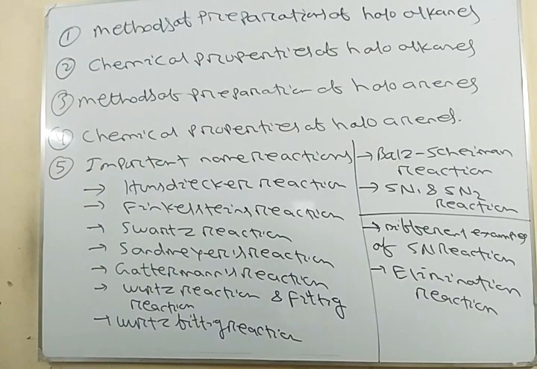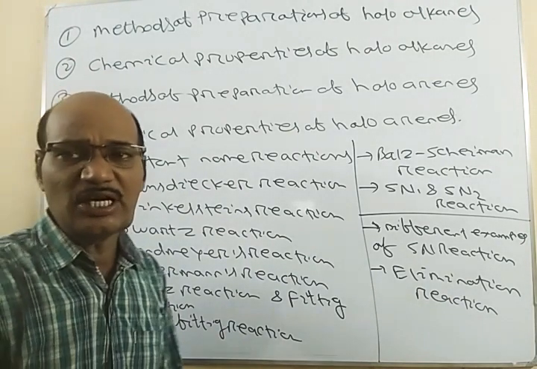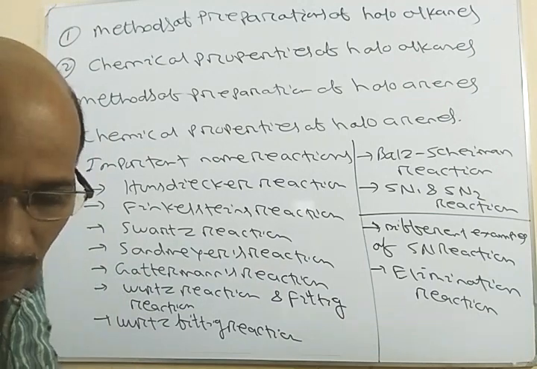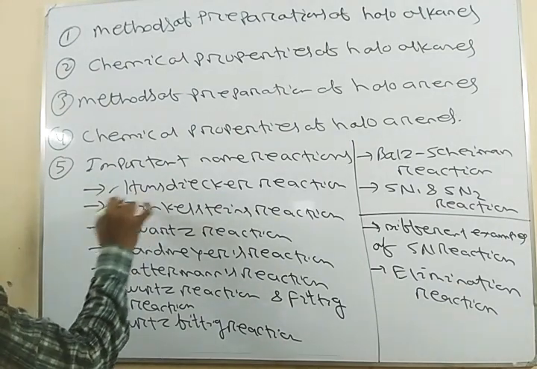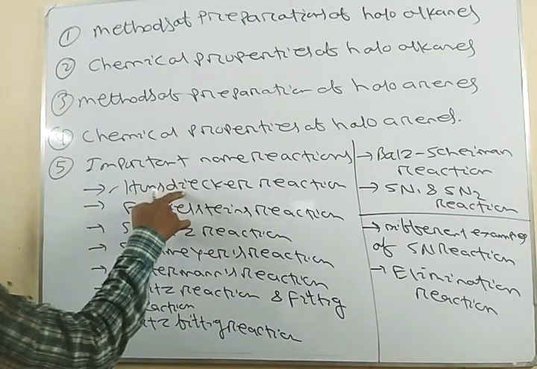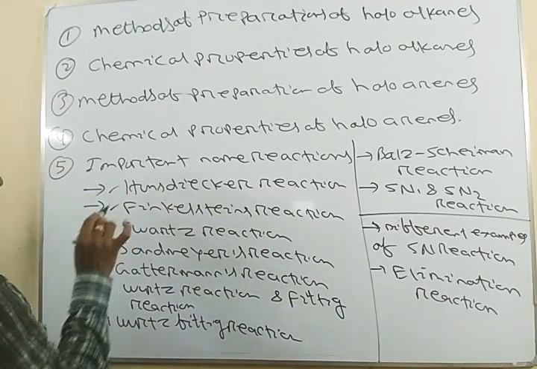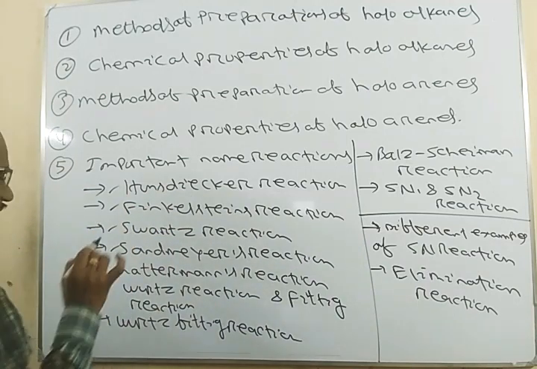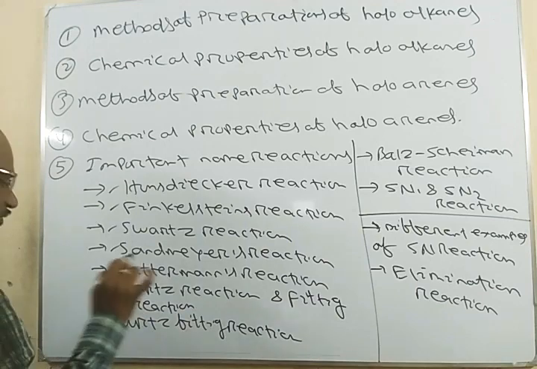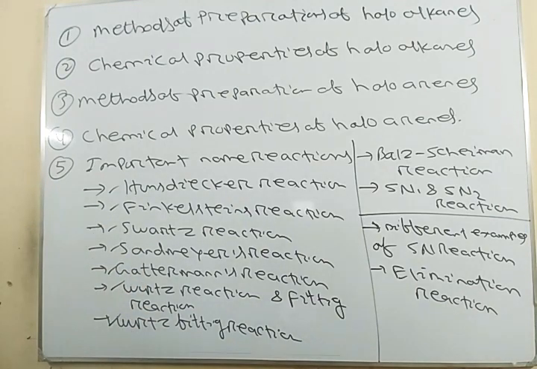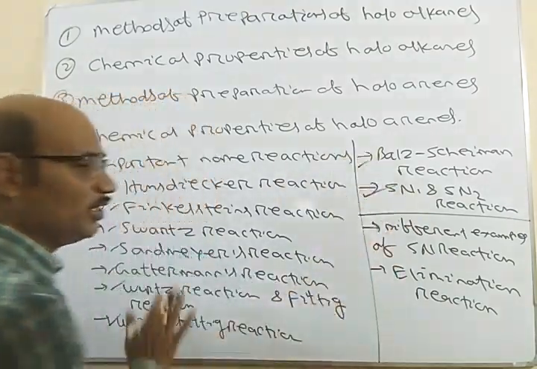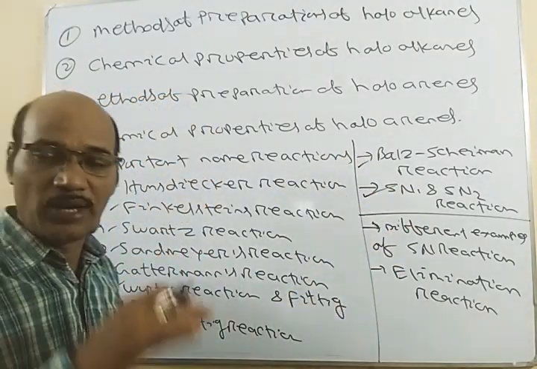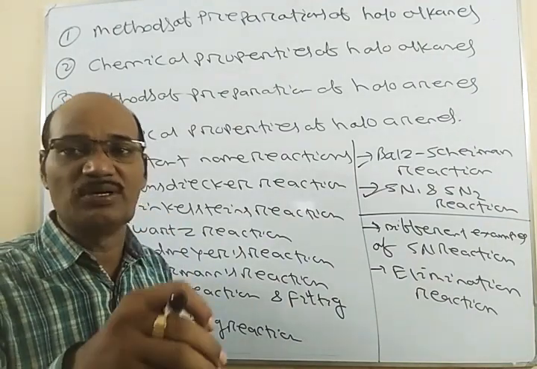First of all, methods of preparation of haloalkanes. Now you can note down these topics, and these are the important things that will be asked in the examination: Hell-Volhard-Zelinsky reaction, Finkelstein reaction, Swarts reaction, Sandmeyer reaction, Gattermann reaction, Wurtz reaction, Fittig reaction, and also Bosch-Kamen reaction, and SN1 and SN2 reaction.